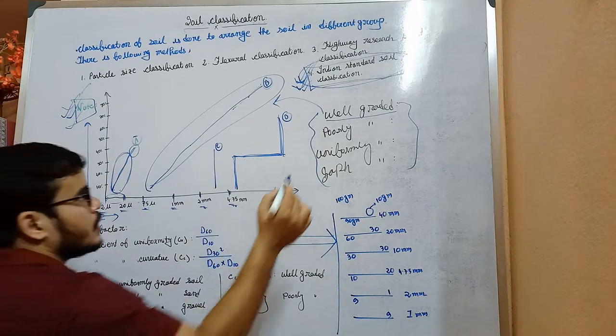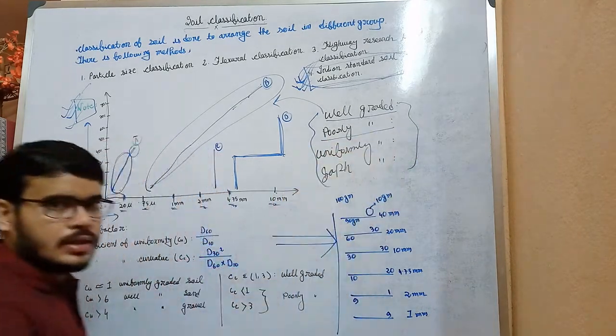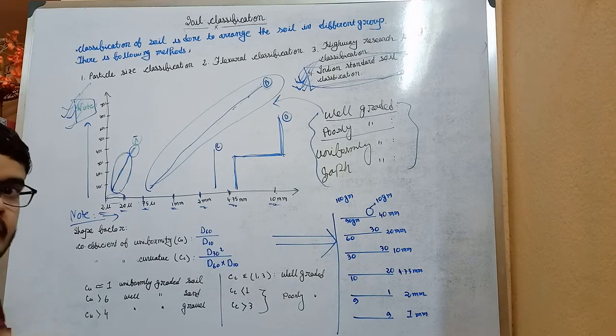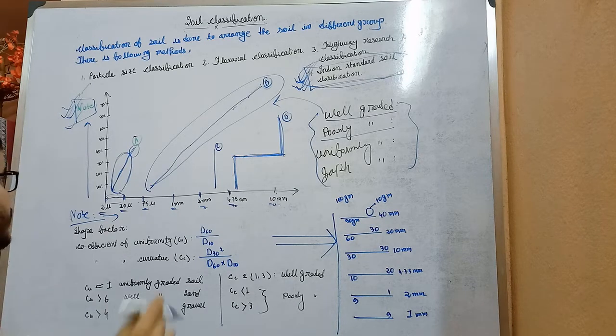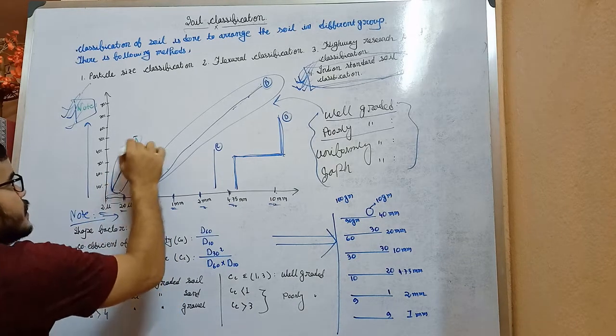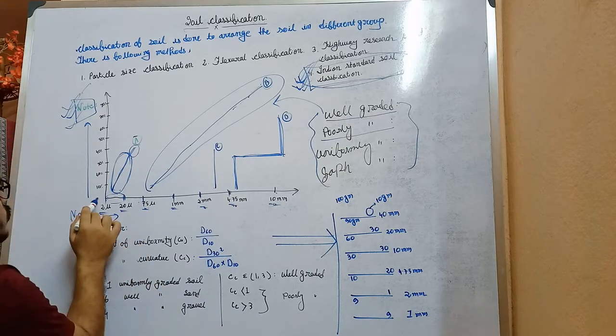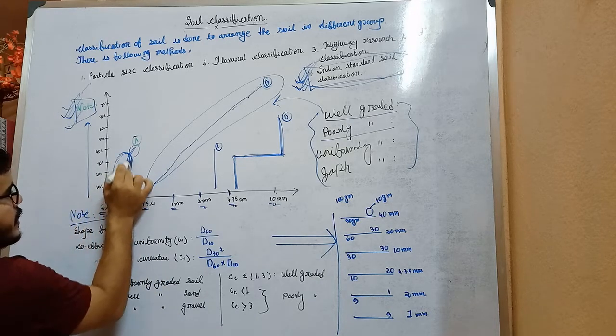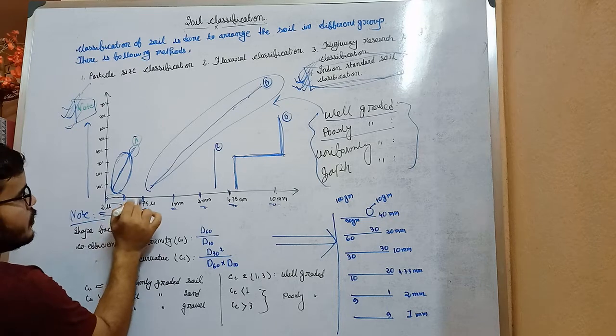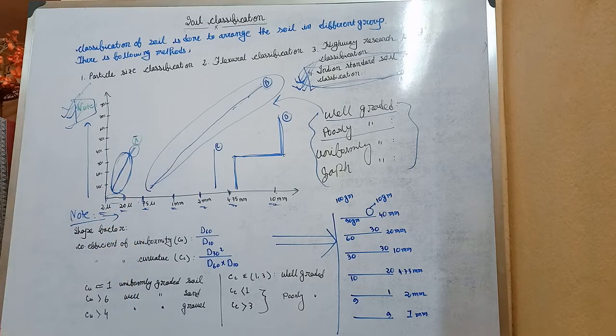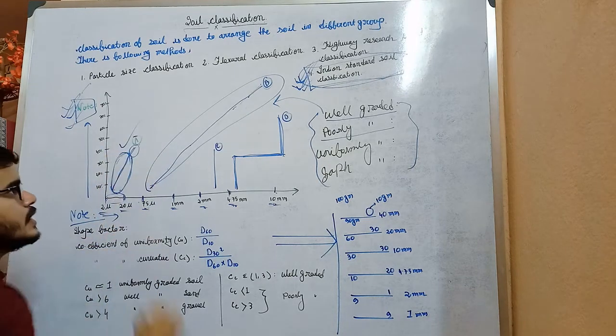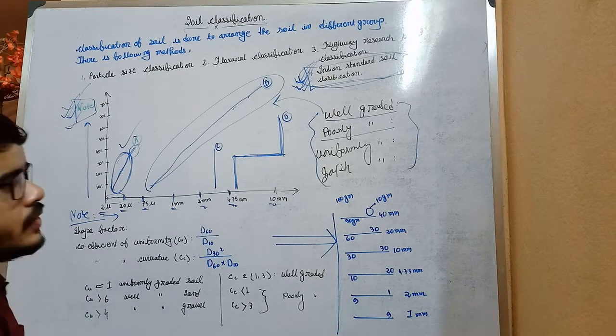Now poorly graded soil. That means certain sizes of particle are much higher than another size of particle. 2 micron to 20 micron size particles are much higher than 20 micron to 75 micron size. So that's why it is poorly graded soil.